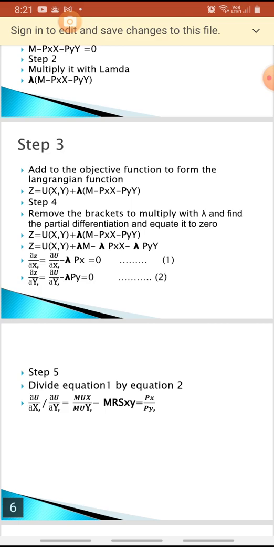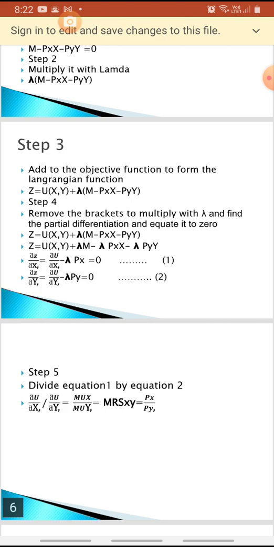So the step 4, we have to remove the brackets. How do we remove the brackets? Multiply with lambda. So z is equal to u of x, y plus lambda m minus lambda Px x minus lambda Py y.